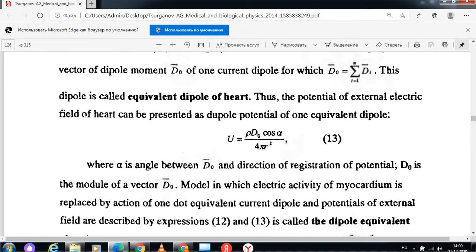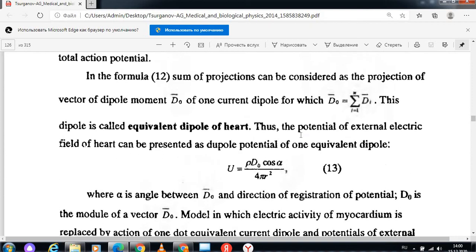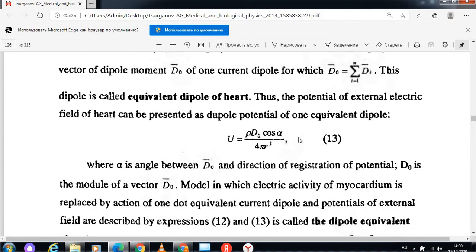So the difference of potential, or potential of the external electric field of the heart, can be presented as the dipole potential of one equivalent dipole: rho multiplied by d0, multiplied by cosine alpha, where alpha is the angle between d0, the dipole moment vector, and the projections of one current dipole, whereas d0 is the sum of di from 1 to n.